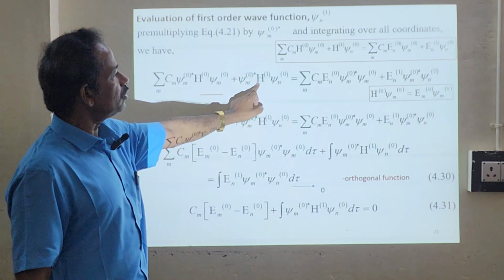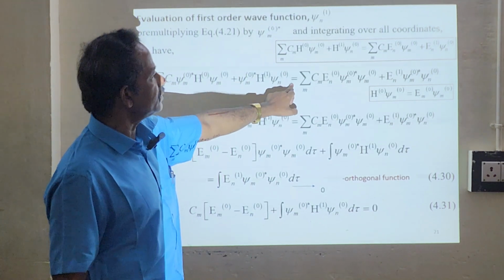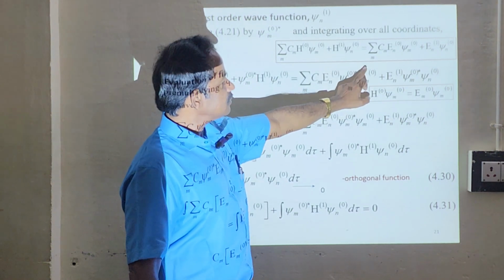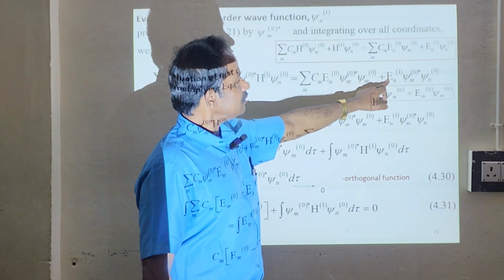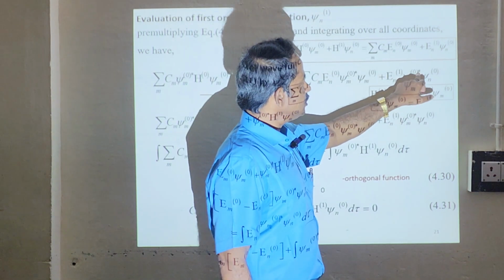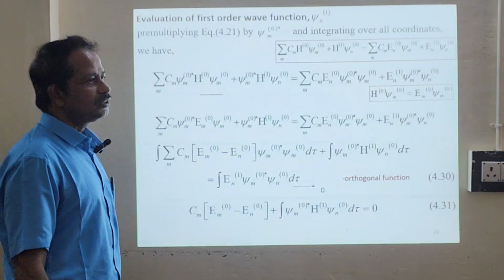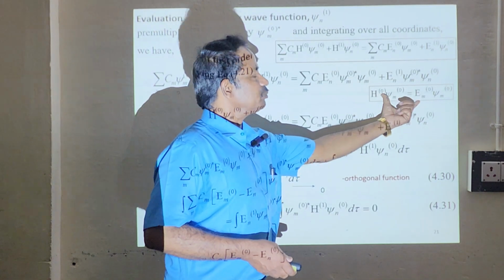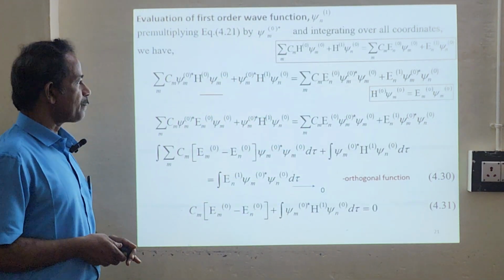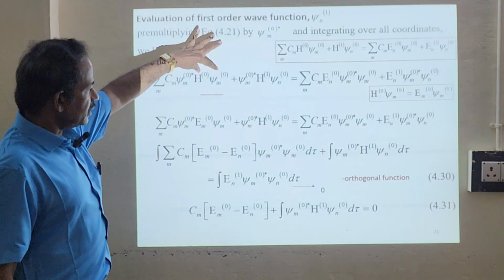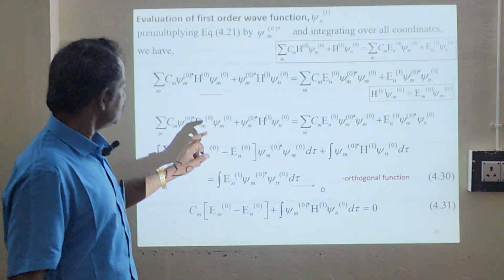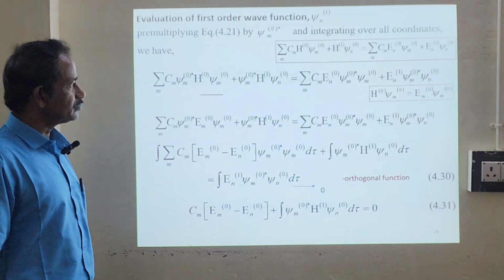So you have psi m0 star H1 psi m0, which is equal to Cm Em0 psi m0 star psi m0 plus En, that is there, psi m0 star psi m. We know already the eigenvalue equation for the unperturbed Hamiltonian. We are going to substitute here. So H0 psi m0 can be written as Em0 psi m0.